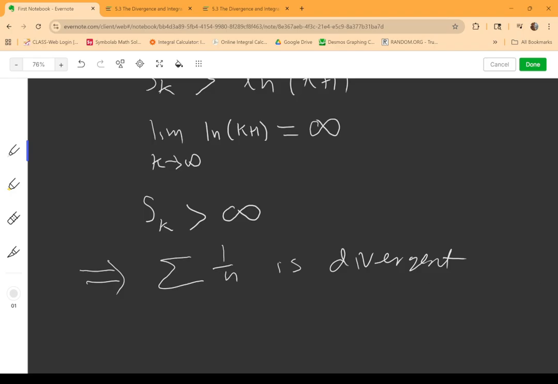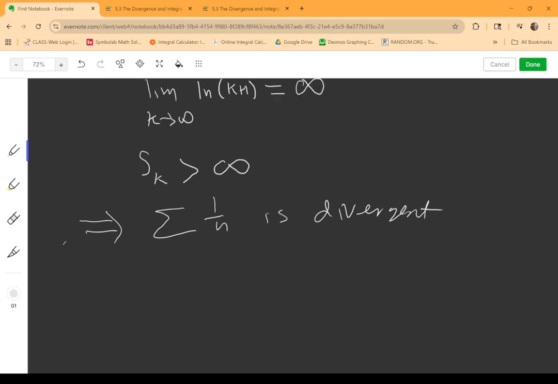The kth partial sum as k goes to infinity is getting larger and larger. Okay, so I've now done that a second way. The first way I used partial sums where I looked at every power of 2. Now I did this using an integral, and I've arrived at the same conclusion, which should be the case.